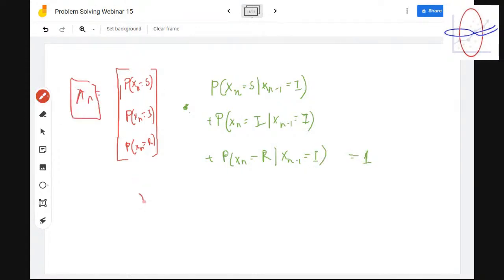So we can write that xn given xn minus 1 is equal to I, this random variable will follow something we learn in probability 3, called the multinomial distribution.